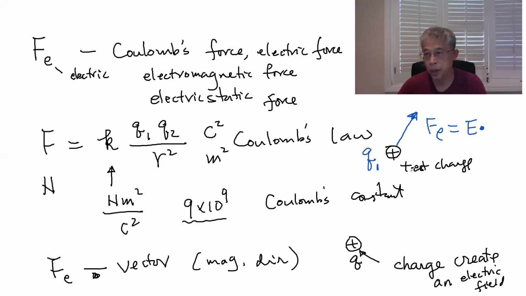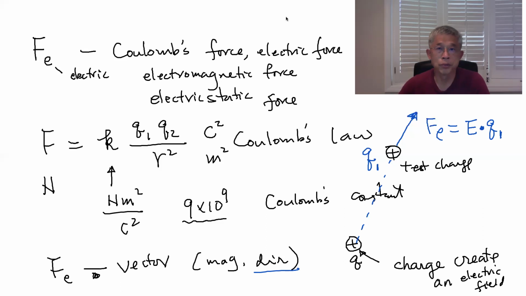Let's call this one Q1, times Q1, and this one is Q. So this electric field, due to this one here, would have a force pushing this one in this direction. You draw the line, and that's your direction right there. So there is a direction associated with electric force.